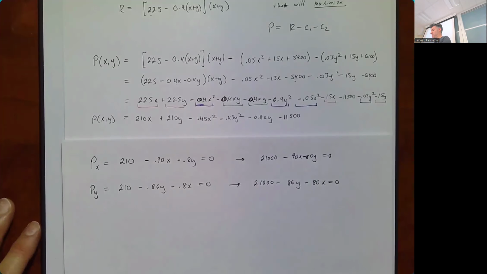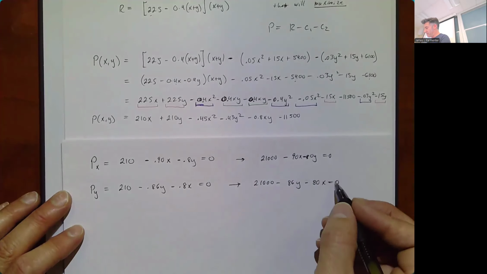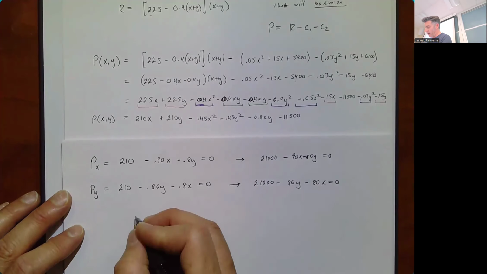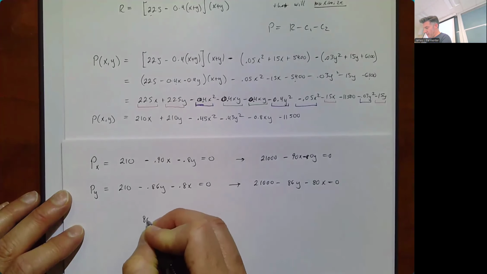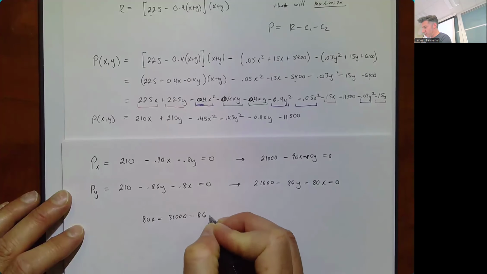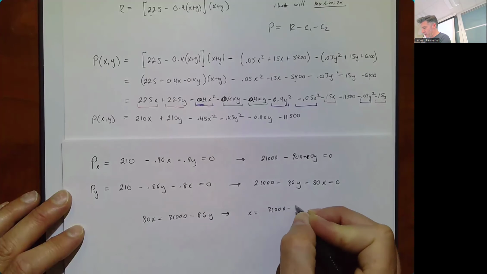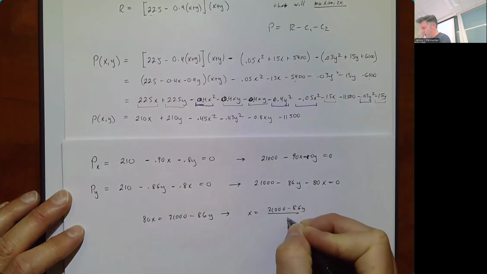And then I have to actually do the work of solving. So here we go. I'm going to isolate x here. So I'm going to have 80x equal to 21,000 minus 86y, so x is equal to 21,000 minus 86y divided by 80.